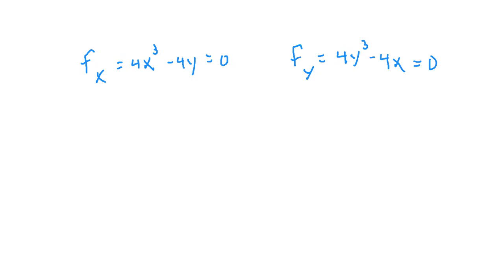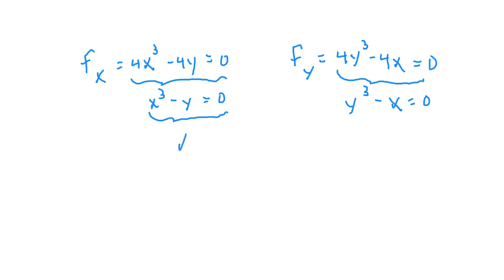If we divide through by 4, we'll have x cubed minus y equals 0. And the second equation, if we divide through by 4, we get y cubed minus x equals 0. Now, this first equation, x cubed minus y equals 0, means that x cubed equals y.